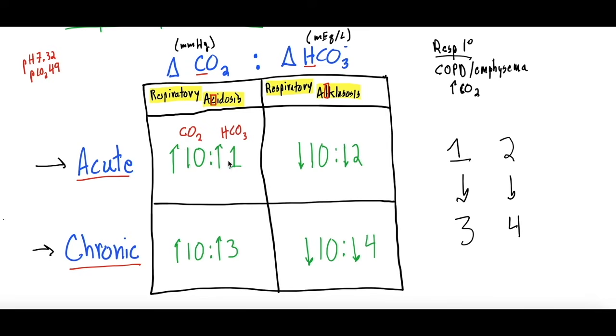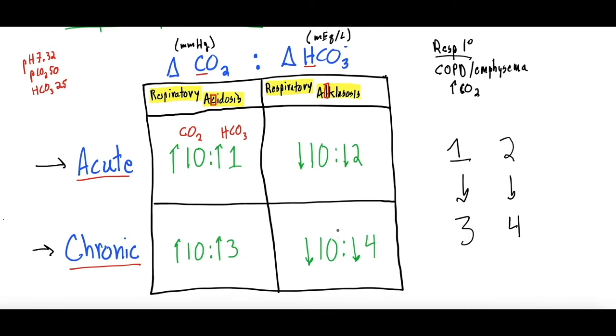For every increase of 10 in the carbon dioxide, which means we're going to make this an even 50 for ease, there's going to be an increase of 1 in the bicarb to compensate. So if you've increased your carbon dioxide by 10, that means your bicarb, a normal is 24, you're going to expect your bicarb to be 25 to compensate.